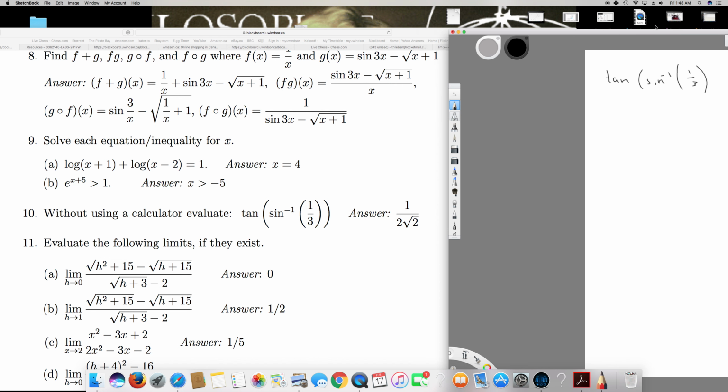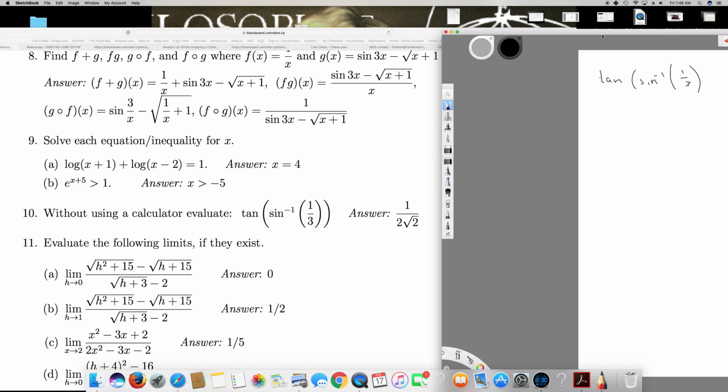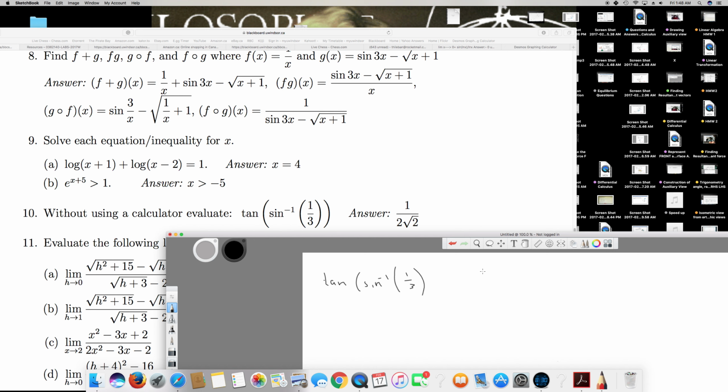So it's going to be sine of sine inverse 1 over 3 over cos of sine inverse 1 over 3.